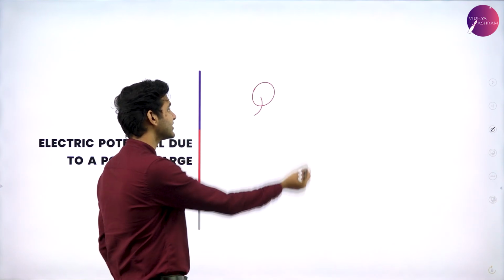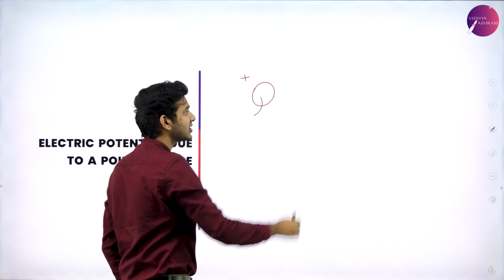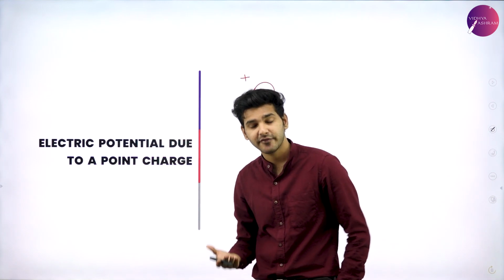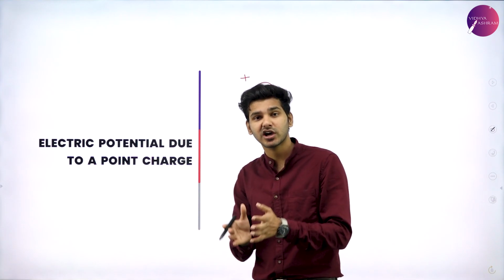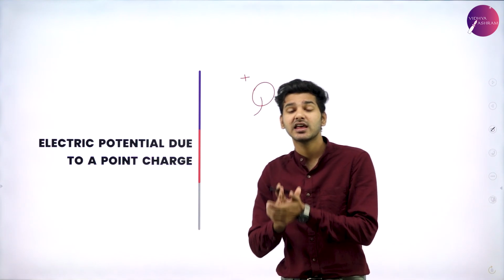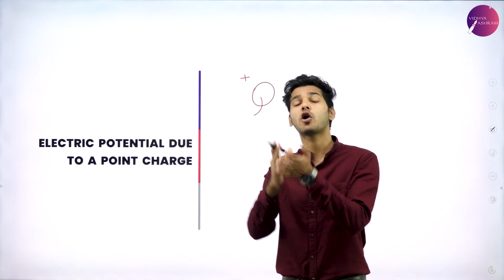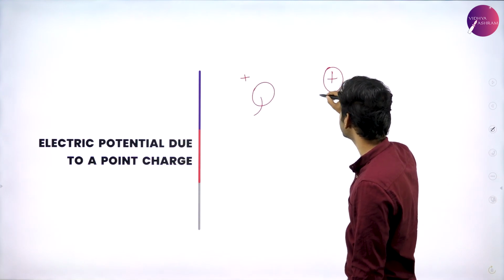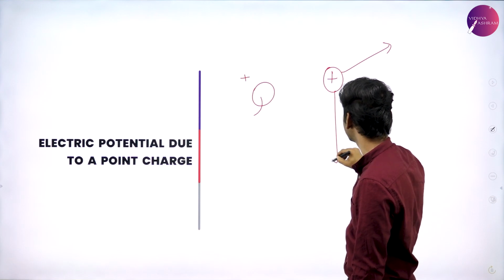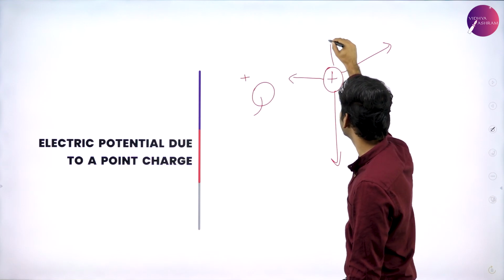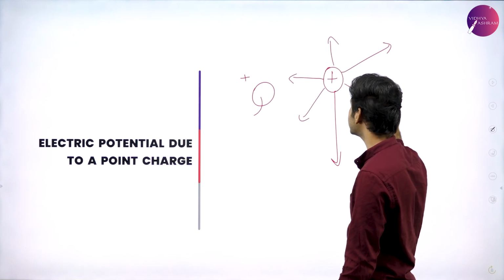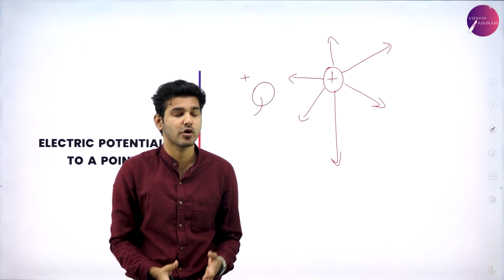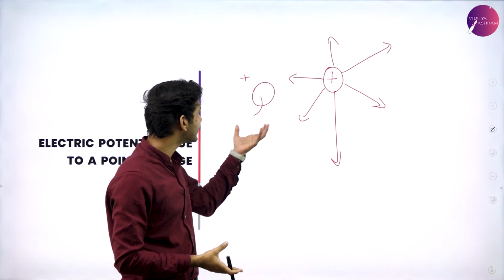Let's say this is a positive charge, we can keep it in empty space, and we already saw that when we place a positive charge like this in space, there will be an electric field all around it. If it is a positive charge, the field lines will be directed outwards in all directions like this. And we don't have any problem keeping this in space.